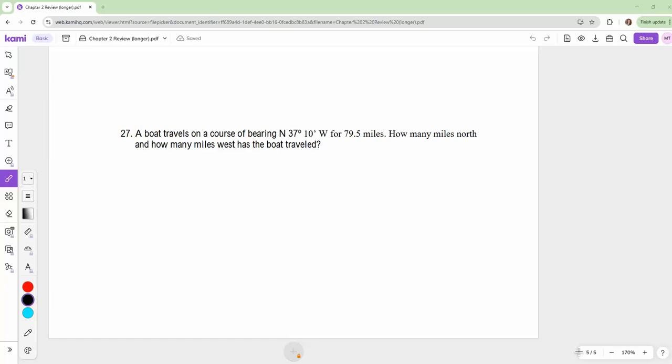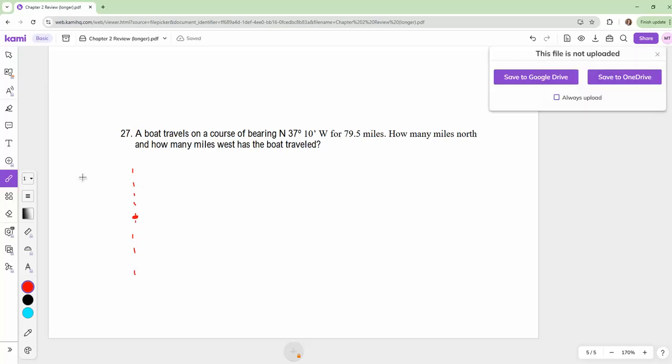So we have a boat traveling on a course north 37.1 degrees west for 79.5 miles. So if you're going to do bearing, you need a point and a north-south line. That's my starting point. From here, I'm going to go north, west.